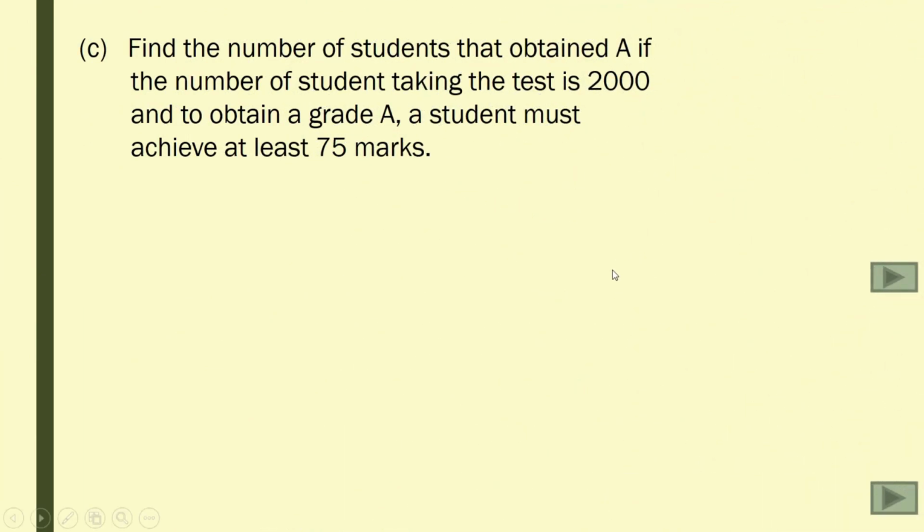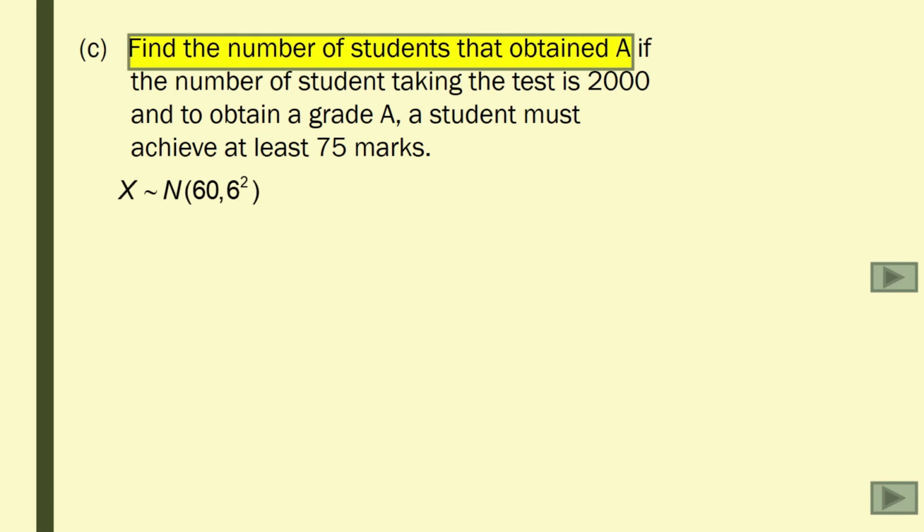C, find the number of students that obtain A if the number of students taking the test is 2000. And to obtain a grade A, a student must achieve at least 75 marks. So we write in a mathematical equation.